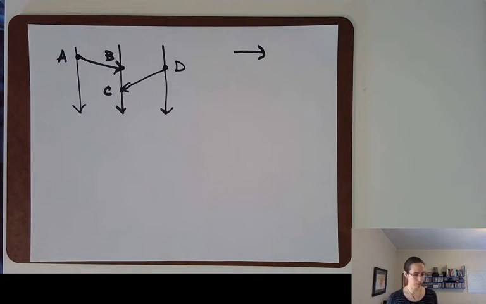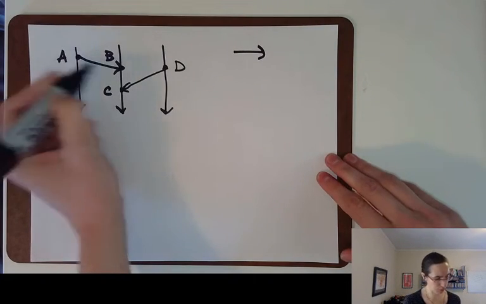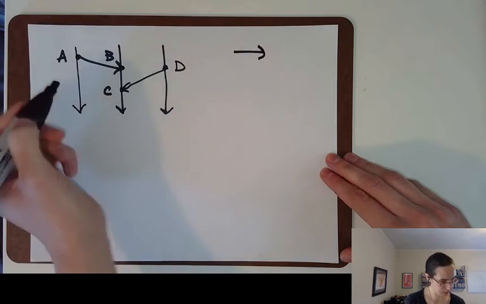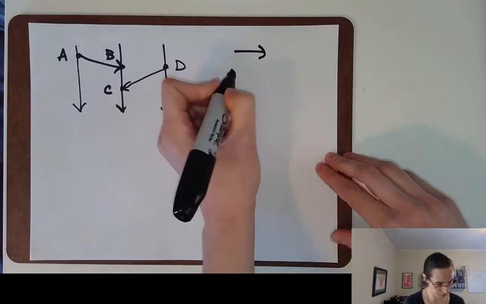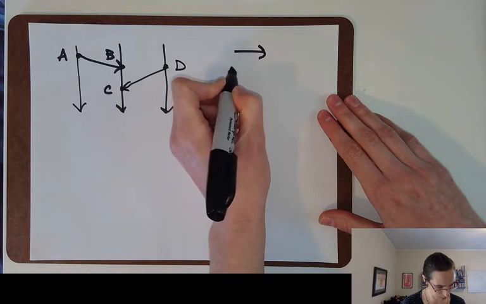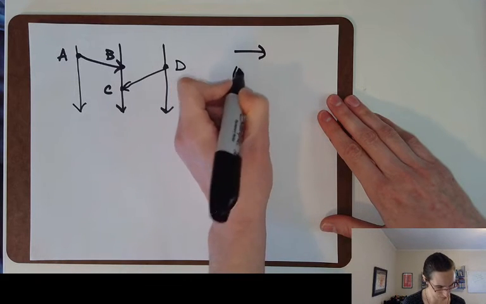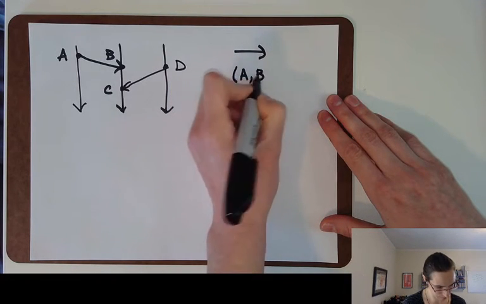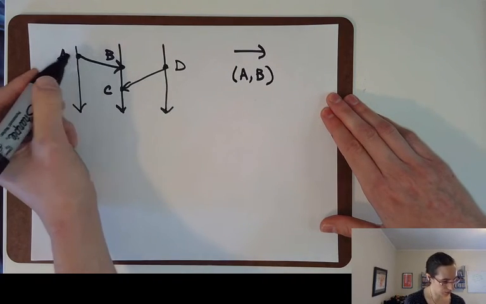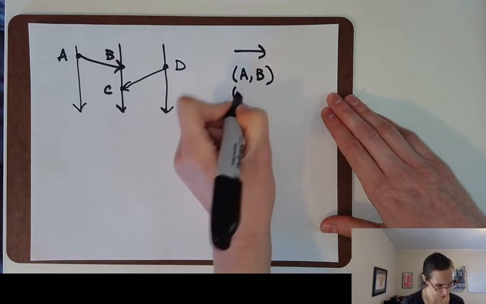So what are they? Well, we know that A happens before B, right? Because A is the send and B is the receive. So we can put that pair. And then we know that B happens before C, right?